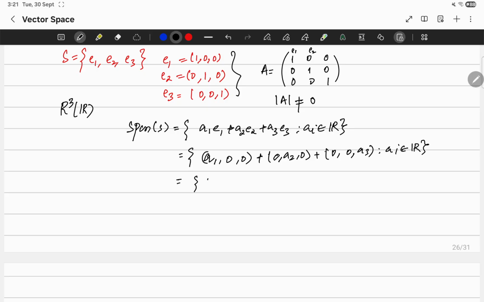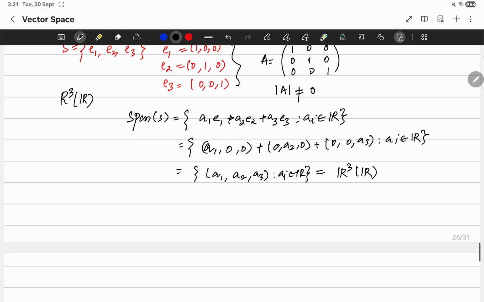So you will get the set (a1, a2, a3) where these ai are real numbers. This is the same as the definition of R3, so it gives you the whole R3 space. It means that it spans your vector space and it is linearly independent. It means that S is the basis.